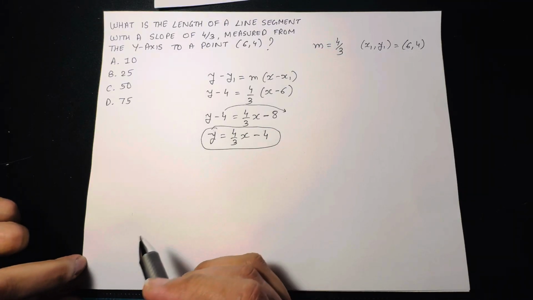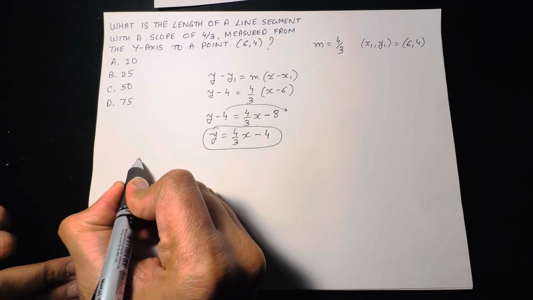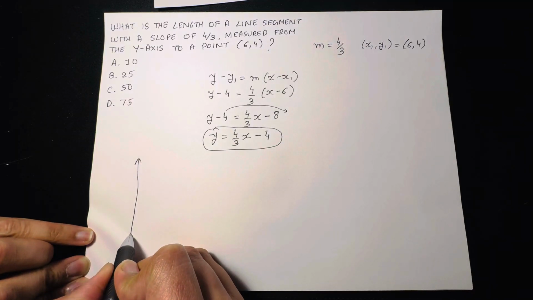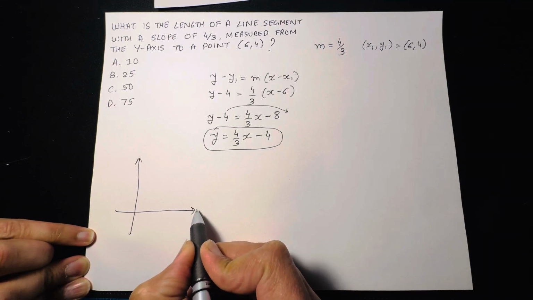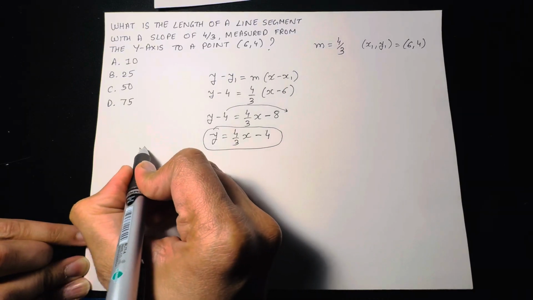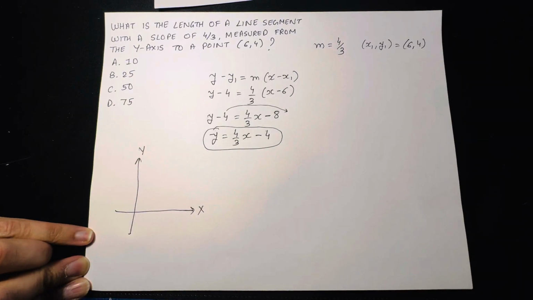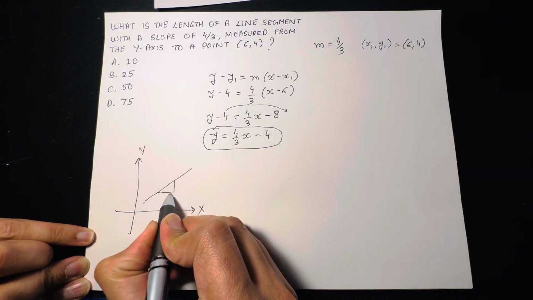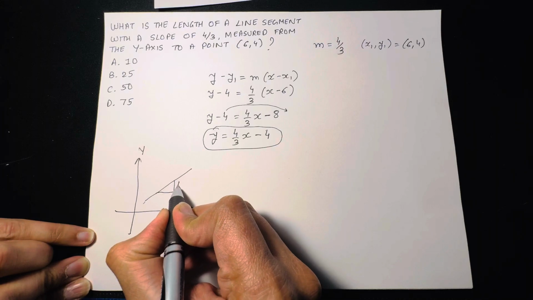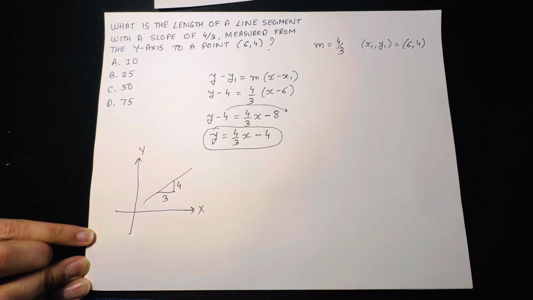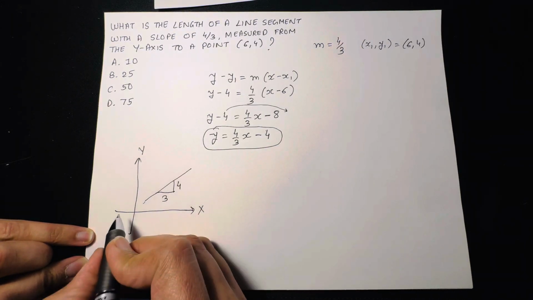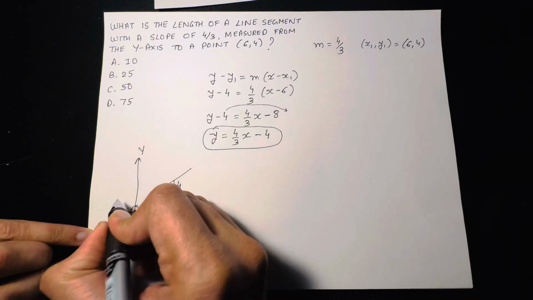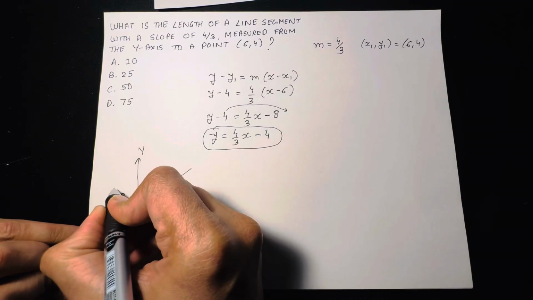Now look at this diagram here. If you read the question properly, this is the x-axis and this is the y-axis. Now we are given a slope, and the slope is given as 4/3.